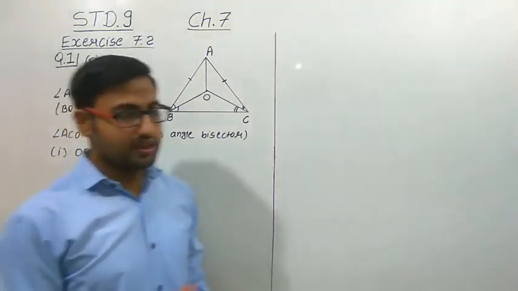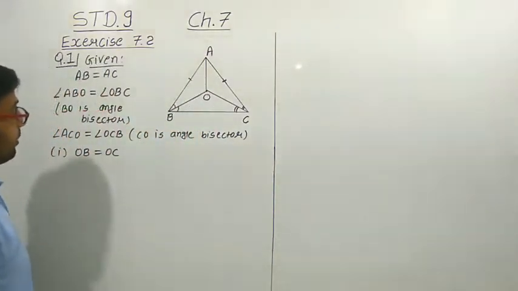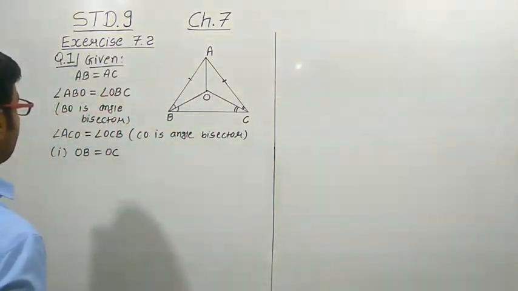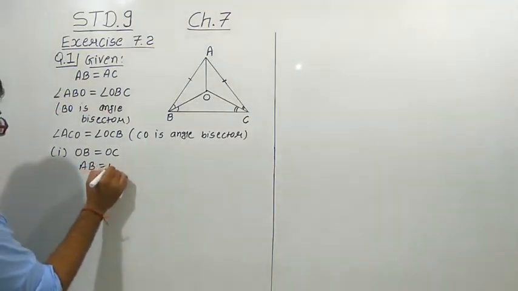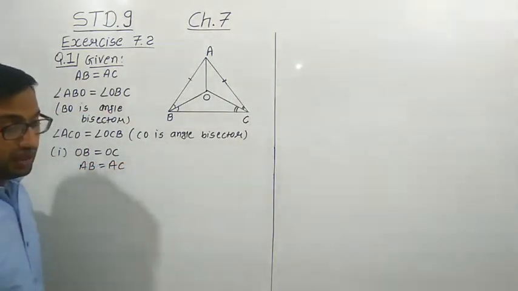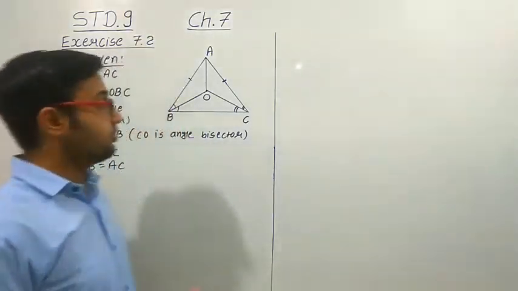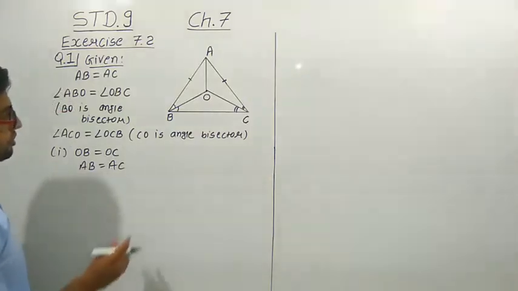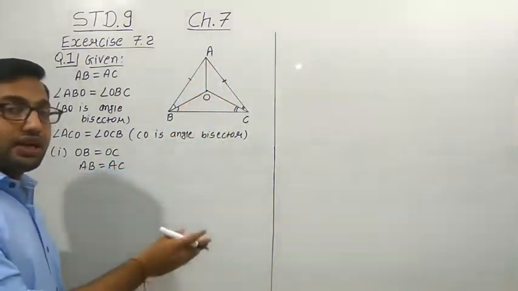Currently it is not possible to prove that the two triangles are congruent. So one more way we have here is that AB is equal to AC, which is given. Now according to theorem 7.2, angles opposite to equal sides are equal.